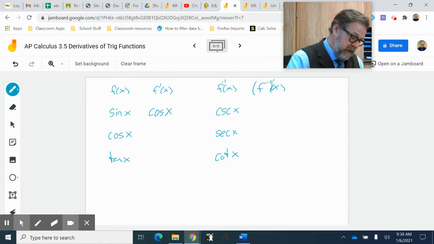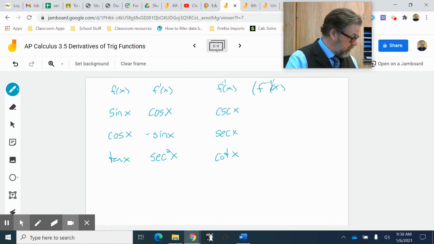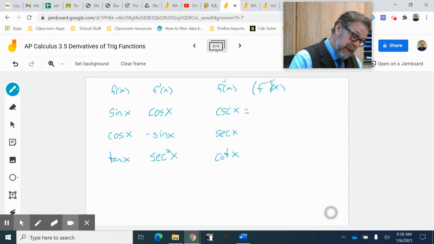The derivative of cosine is negative sine. The derivative of tangent is secant squared. The derivative of cosecant, and I don't use these as often as I might, so I don't remember them, is negative cosecant cotangent.